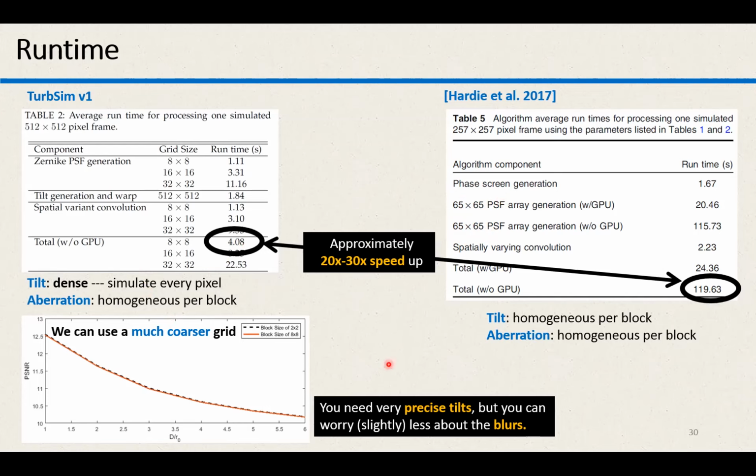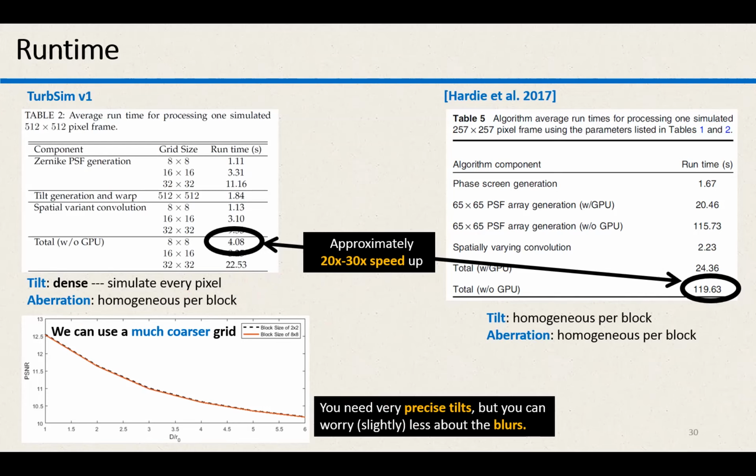What we observe is that the tilt requires a lot more precision than the blur. For the blur, you can do some kind of interpolation, but for the tilt, you need to have very precise information. And so this 4 seconds compared to the 120 seconds, this 20 to 30 times speed up is actually quite significant, considering that we offer a much more precise tilt map than the previous simulator. So this is the version 1 simulator.